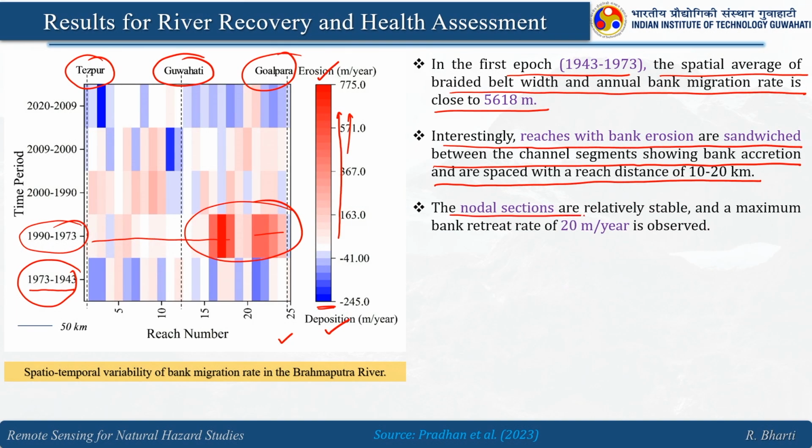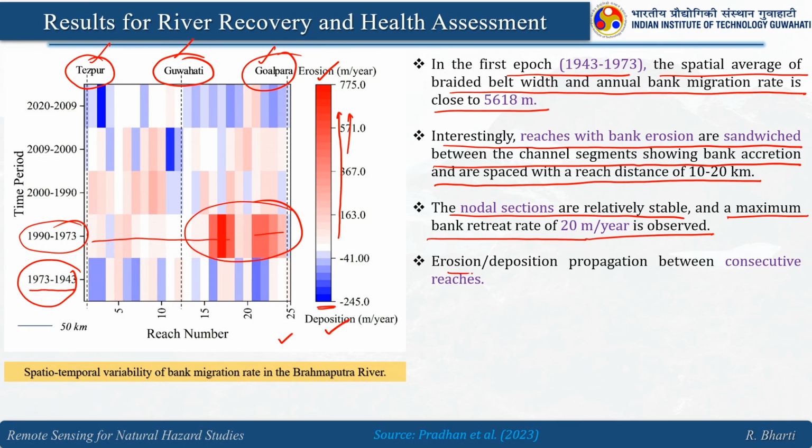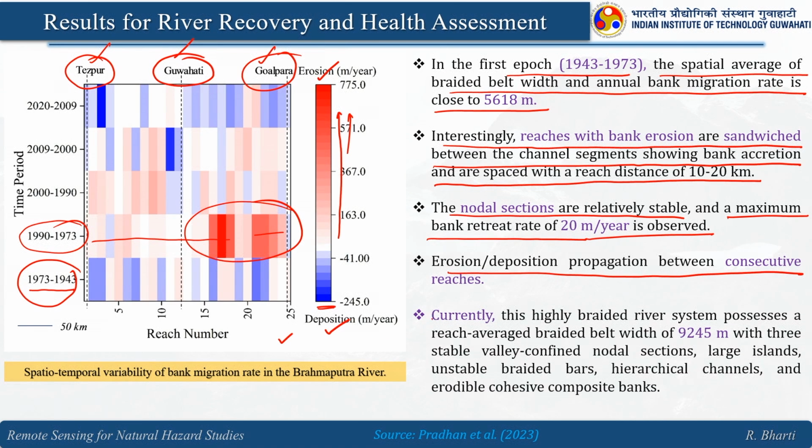The nodal sections are relatively stable, and a maximum bank retreat rate of 20 meter per year is observed. Erosion or deposition propagation between consecutive reaches is seen here.